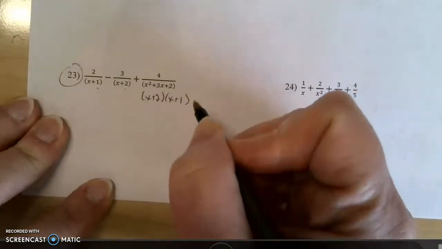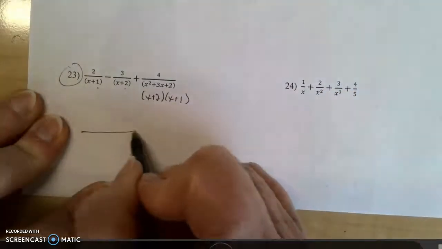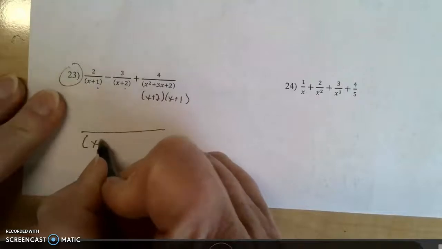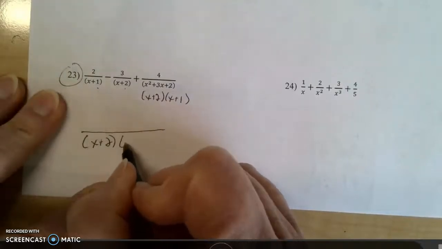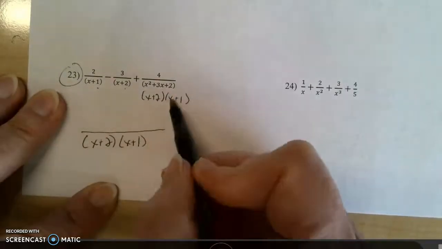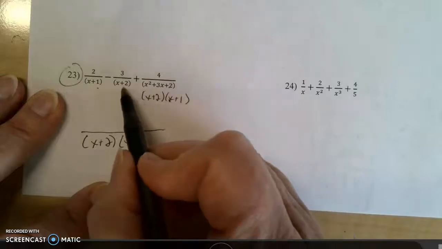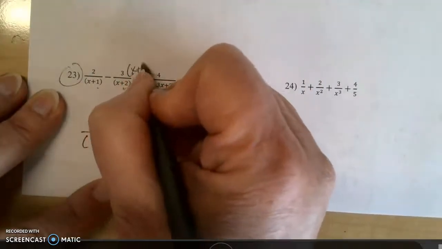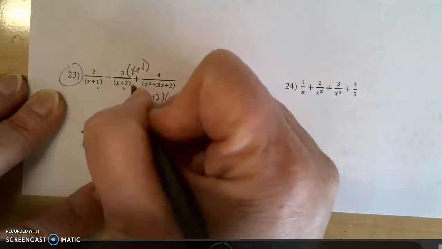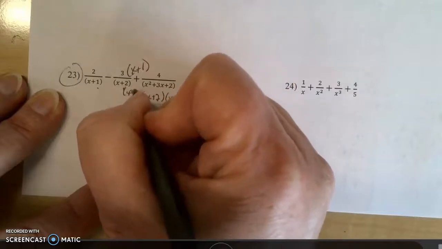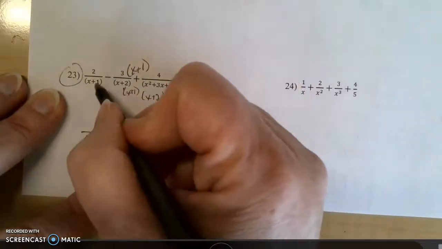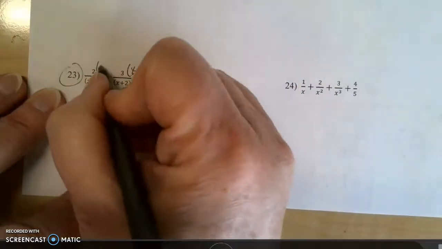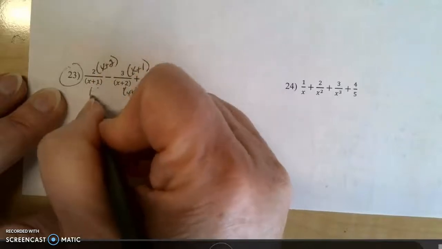So let's talk about our common denominator needs to be x plus 2 times x plus 1. That's from this one. This one has the x plus 2. It's missing the x plus 1. This one has the x plus 1. It's missing the x plus 2.